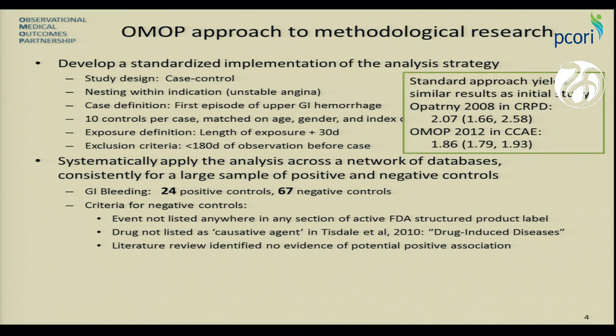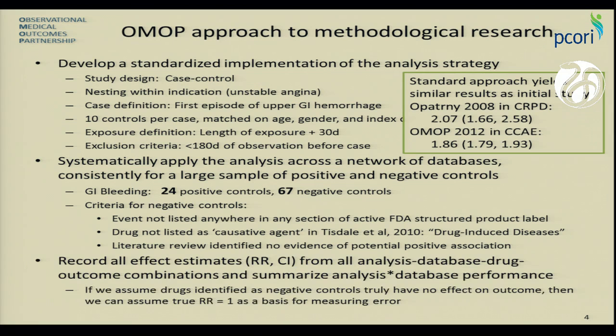What we then did was take that same standardized implementation of that method and apply it consistently across a network of databases to a large sample of negative and positive controls. Specifically for GI bleeding, we identified 24 drugs that we believe are associated with the outcome, and 67 drugs for which we could find no evidence to suggest that the drug might be related to GI bleeding based on labeling and literature.